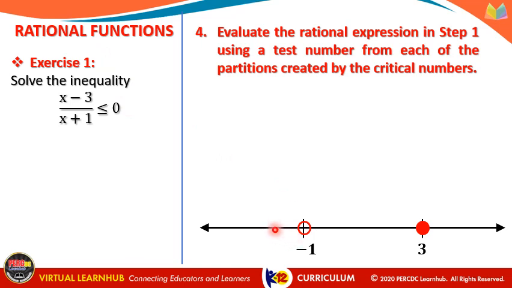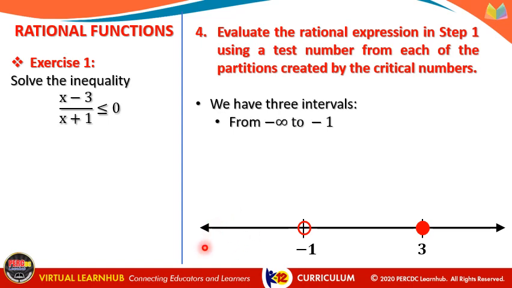Yung unang hati ay magmula negative infinity hanggang negative 1. Pangalawang hati ay between negative 1 to positive 3. And pangatlong hati ay magmula 3 to positive infinity. So ito yung tatlong intervals natin.